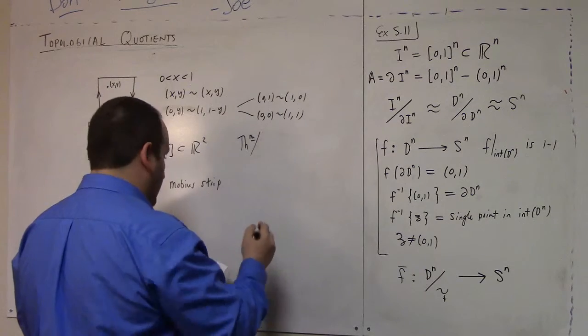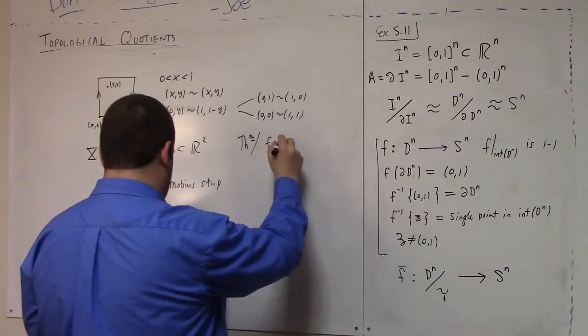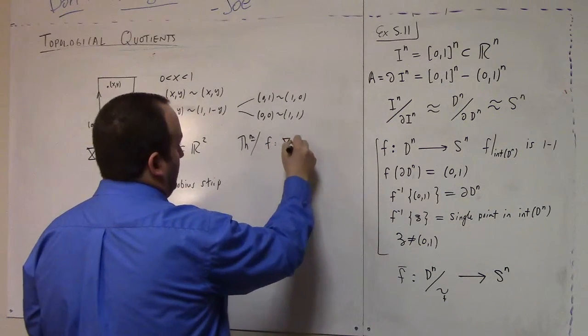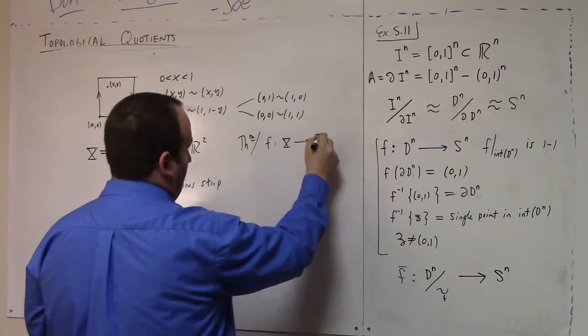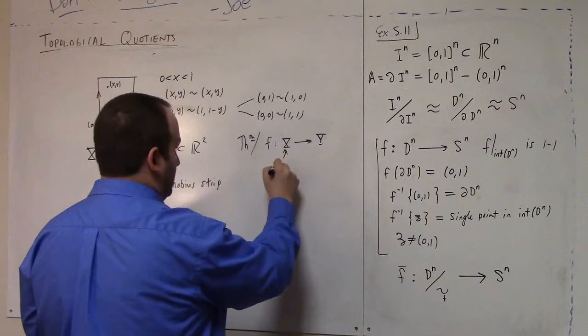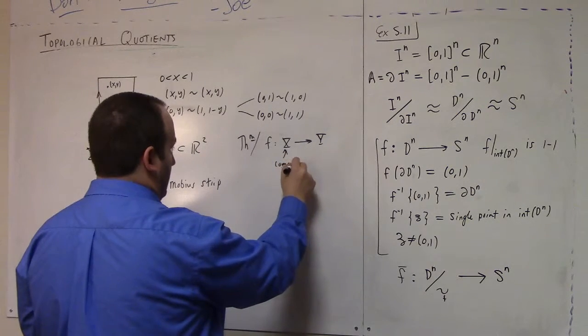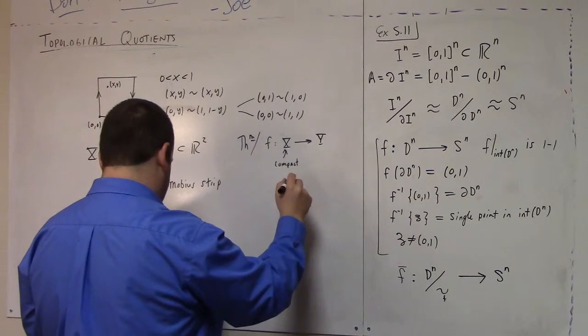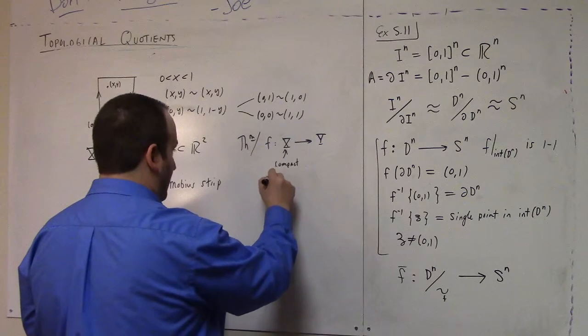Theorem. Let f from X to Y be an identification, X compact and Hausdorff.